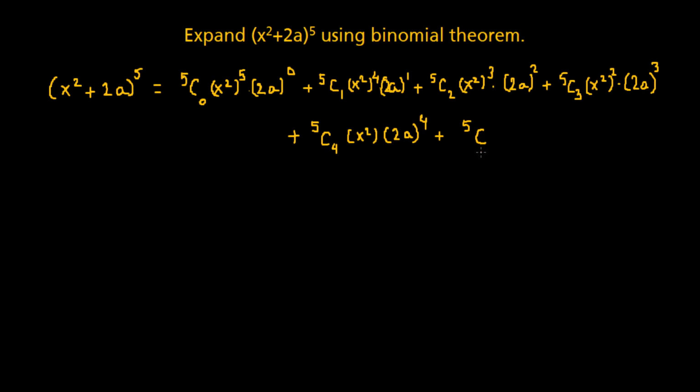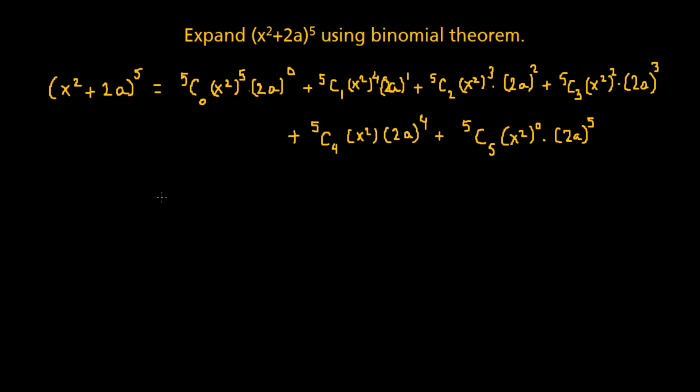If you remember from the previous class, the number of terms can be found by using the formula n plus 1, where n is the index. Since we have n equals 5 here, 5 plus 1 is 6. 1, 2, 3, 4, 5, 6. So 5c5 will be the sixth term: 5c5 x squared raised to the power of 0 times twice of a raised to the power of 5.